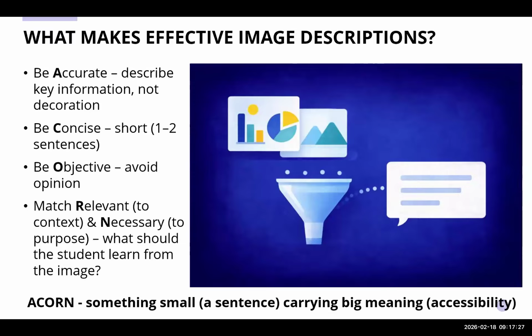So ask yourself, what does the student need to learn from this image to meet the learning objective? If a detail does not support that, like the color of a photo frame, it can actually be completely left out. So, using the ACORN approach helps keep description focused and meaningful, which might look very small, but carries the core message of the visuals. Next slide, please.